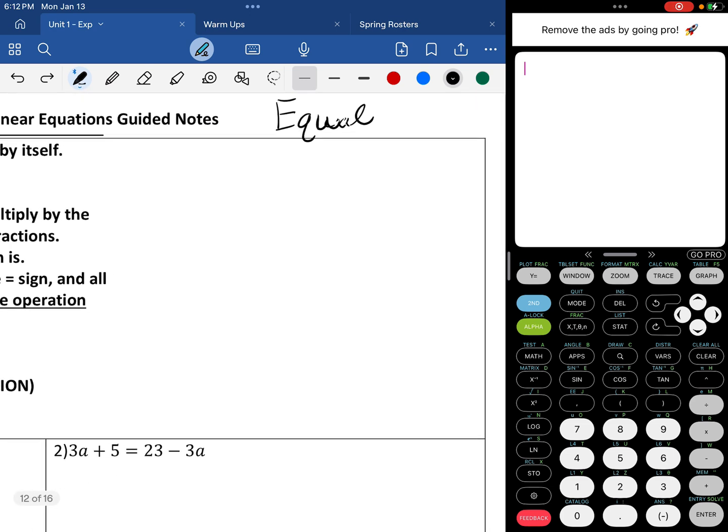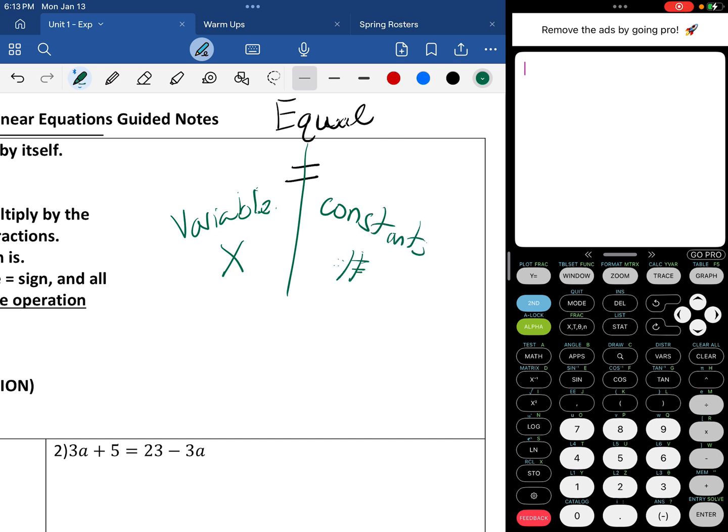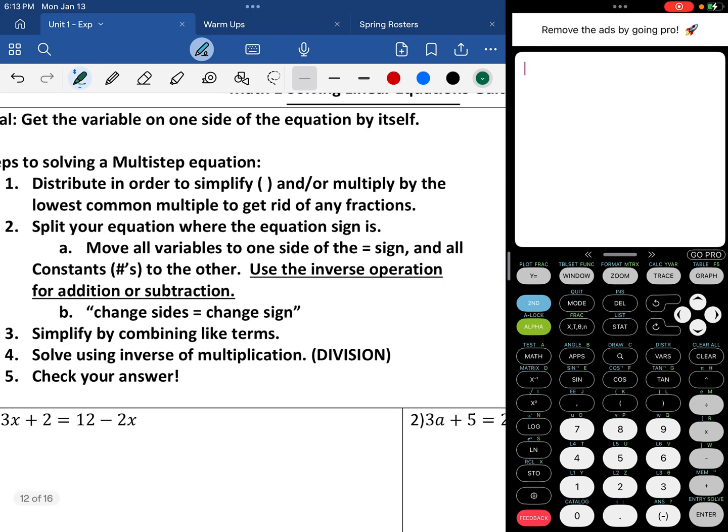So this might look like I have an equal sign. I'm going to draw a line down the middle. All my variables will come over here, and all of my constants, my numbers, are going to come over here. Okay, so let's keep going. It says use the inverse operation for addition and subtraction.